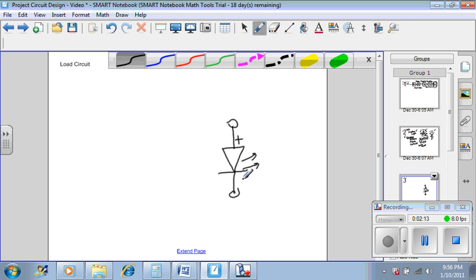And I'm carefully making all the necessary labels so that I can be very complete in my design.